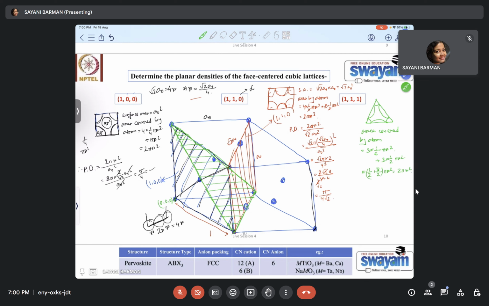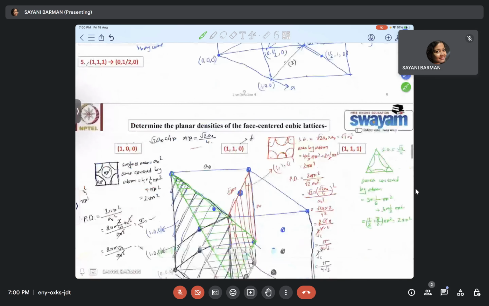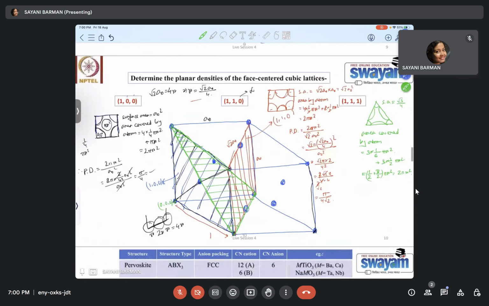And what will be the surface area? Surface area of a triangle is root 3 by 4, right? Root 3 by 4, since this side is root 2 a0, root 2 a0 square.